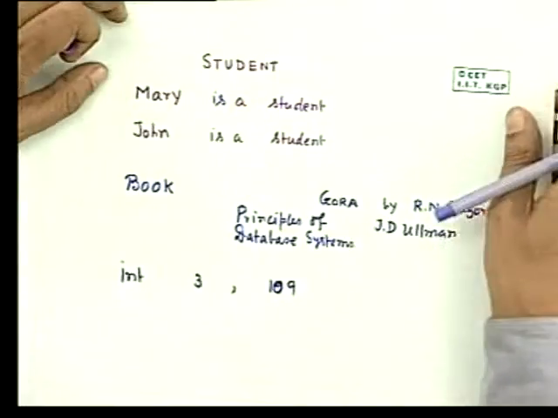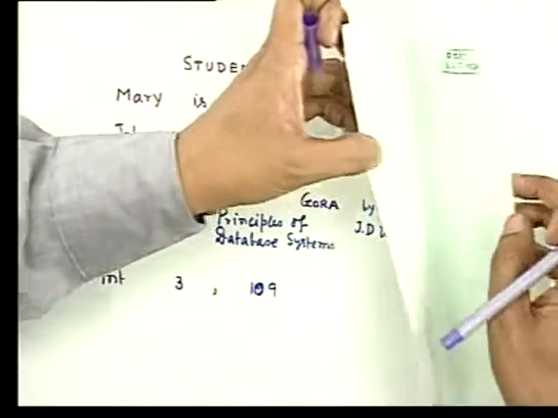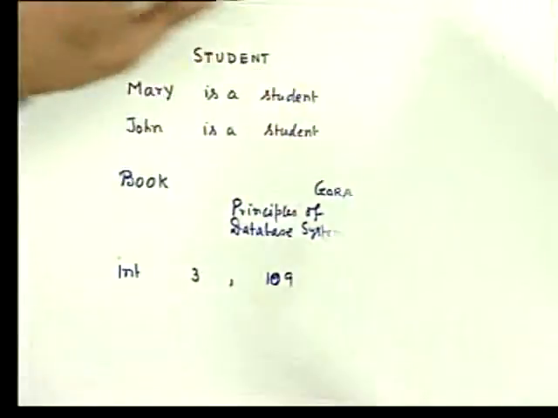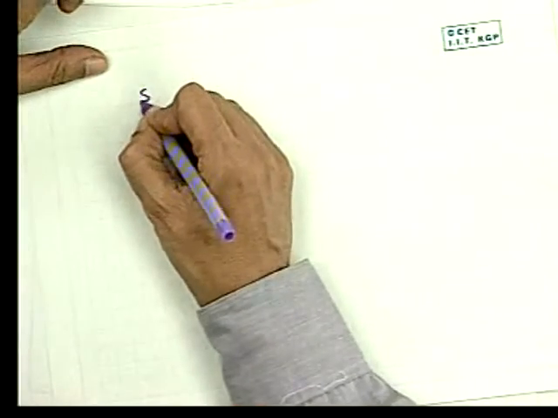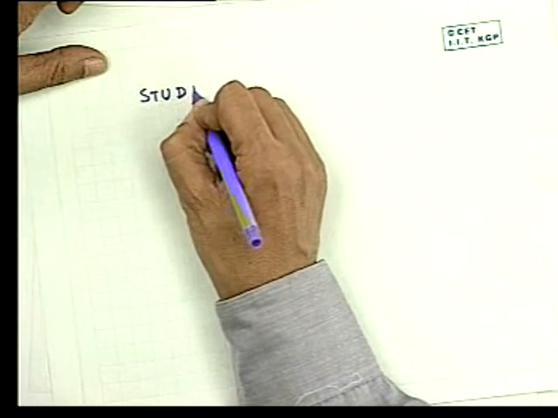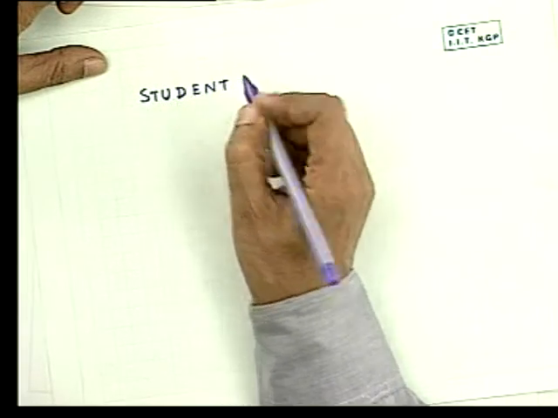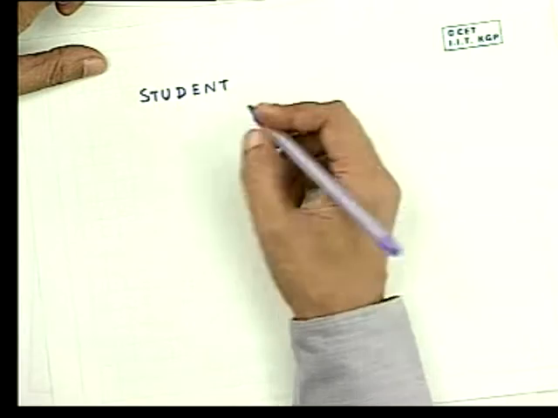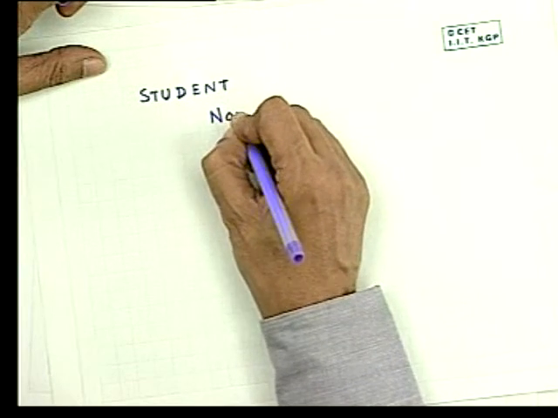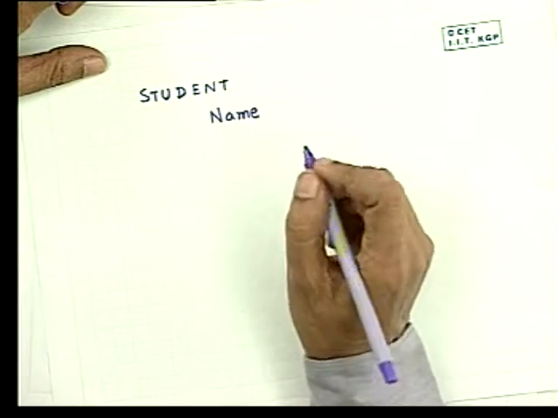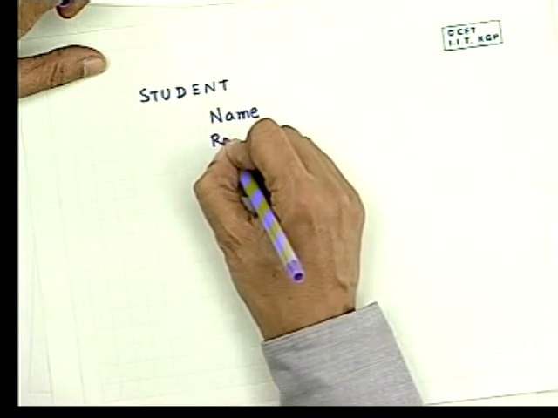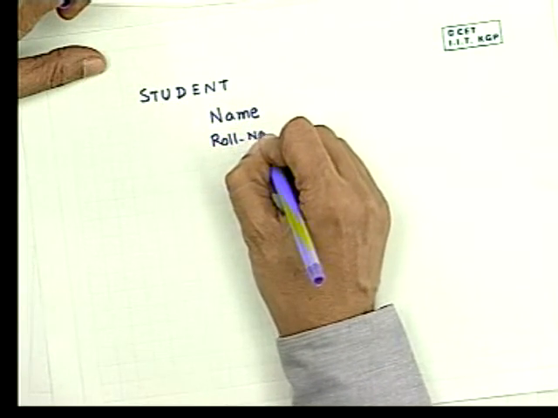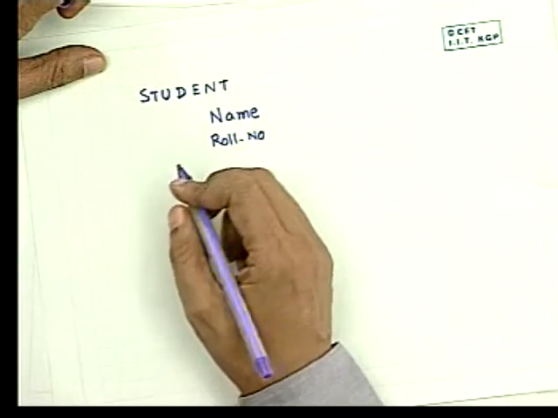For example, if you look at the student object, the attributes of a student will be the name of the student, the roll number, normally a roll number or registration number, whatever you call it.